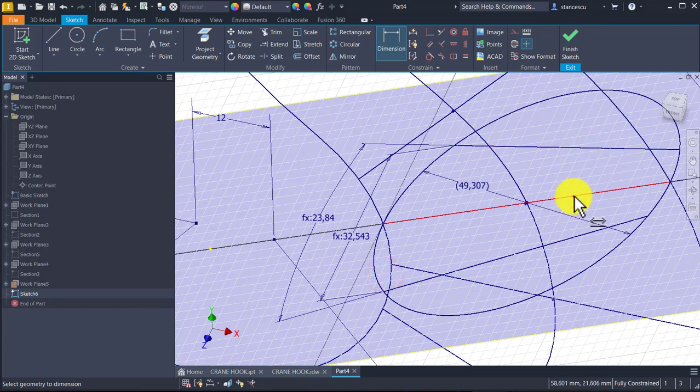Then I make this not dimension but construction. I apply split, 2 points of split, 1 point, 1 point.